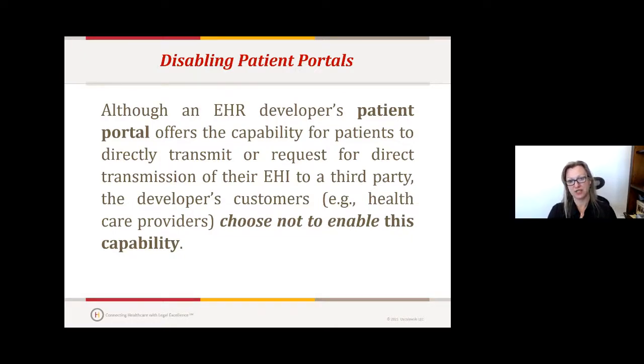Now, as the certification process for ONC and these EHR vendors are pushed to meet certain deadlines for certification, I suspect that some of the functionality is going to improve.